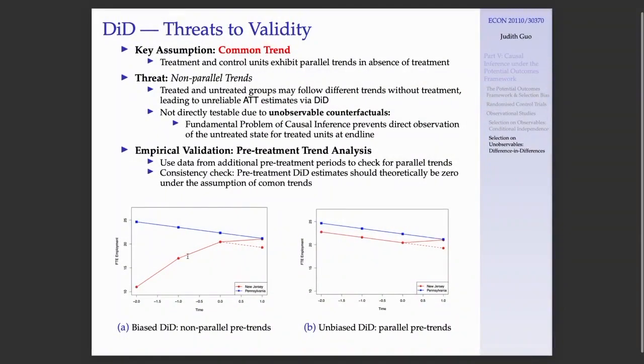So if you were to use DID in practice, make sure you check whether the pre-treatment trends are the same. If they're different, then you will need to use some other estimation techniques that are different from DID. For example, regression discontinuity or the instrumental variable analysis that we've seen in topic 3.